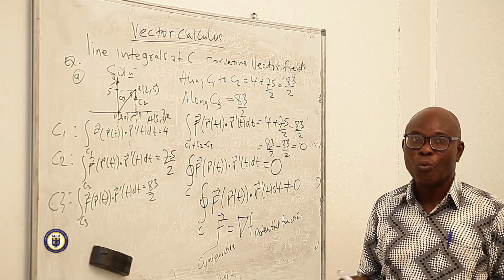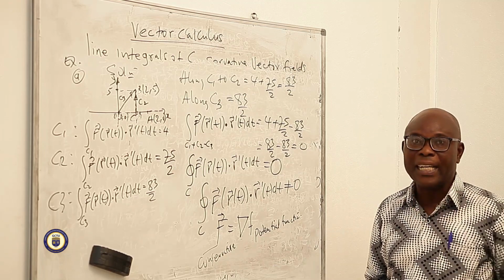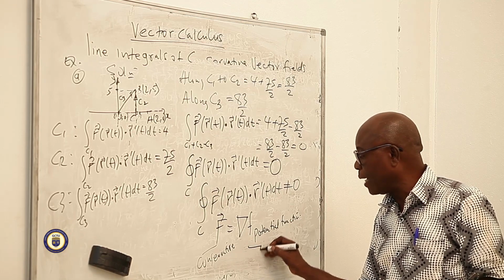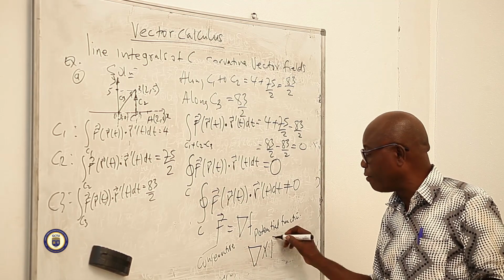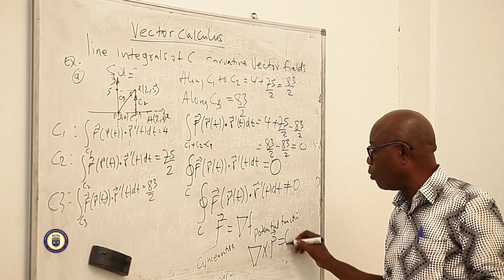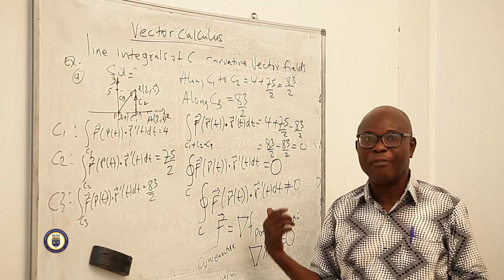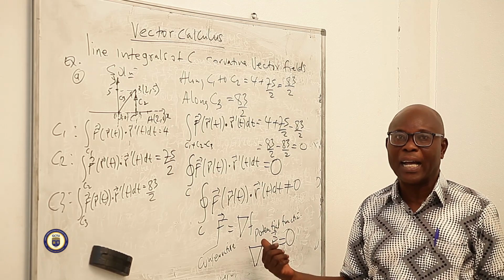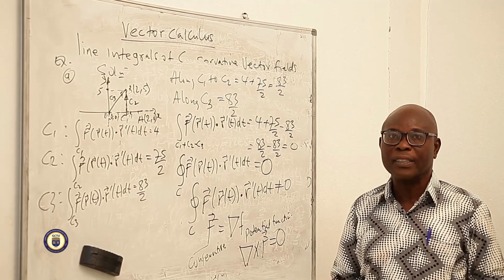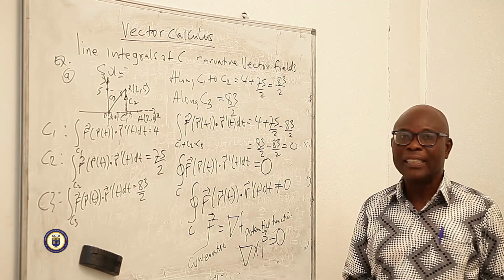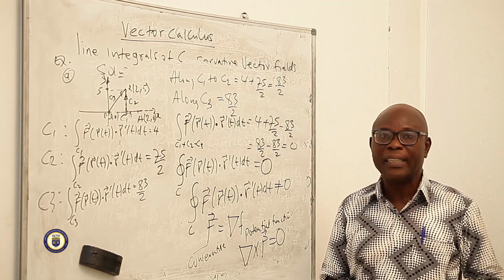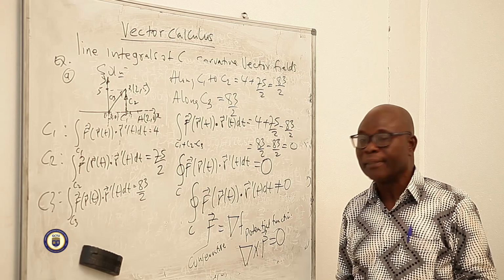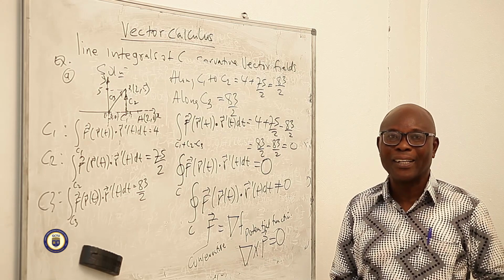And also, we learn from our knowledge in cross product that if you have the cross product of nabla with the conservative vector field, the answer will always be 0. Provided F is a conservative vector field, the cross product of nabla and the conservative vector field is 0. And we saw this in one of our assignment 3, where we found the cross product of a conservative vector field, and the answer was 0.